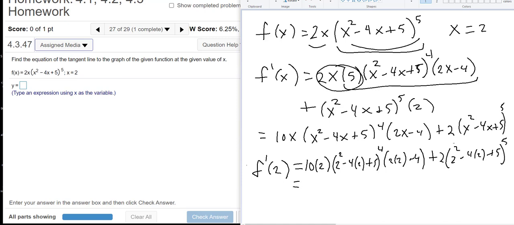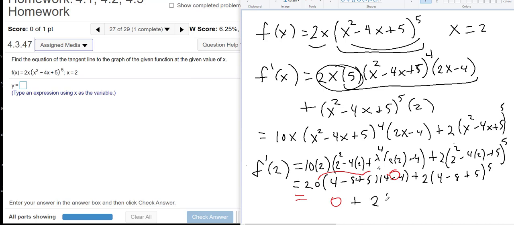So that's going to give me a 20 and a 4 minus 8 plus 5 and 4 minus 4, and that's great because that's a 0, and that's going to make this a lot simpler. Since this is a 0 times this, all of that's just 0.